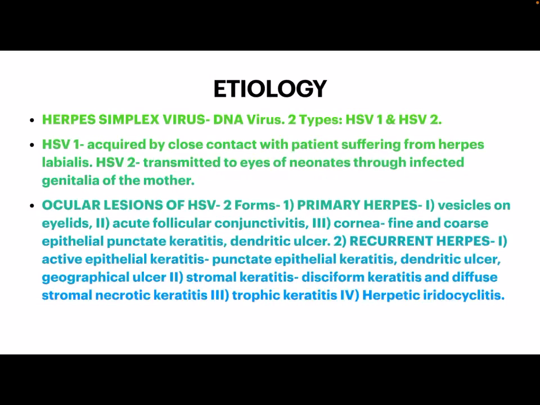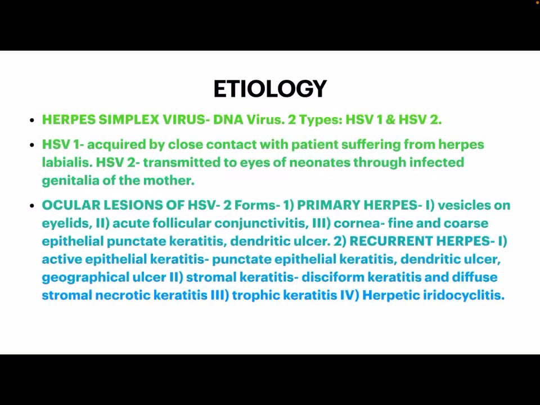Okay, now the ocular lesions caused by HSV are of two types: primary herpes and recurrent herpes. What happens in herpes simplex infection is that the first time it occurs in a person, that is called primary herpes. That is the first attack in an otherwise non-immune person.